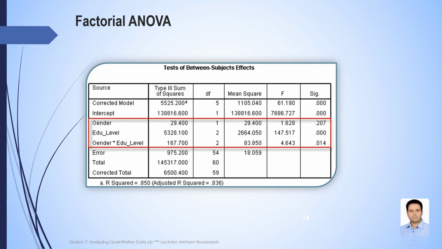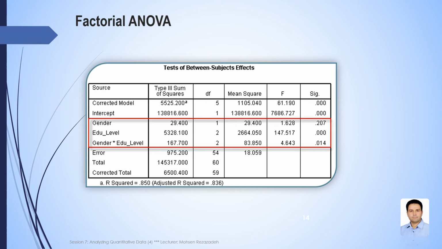And these are highlighted. These rows inform us whether our independent variables, that is gender and educational level, and their interaction, gender star educational level, have a statistically significant effect on the dependent variable.